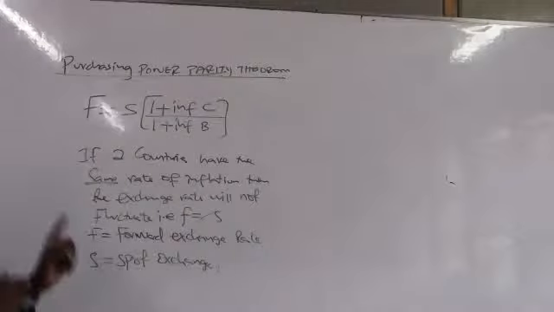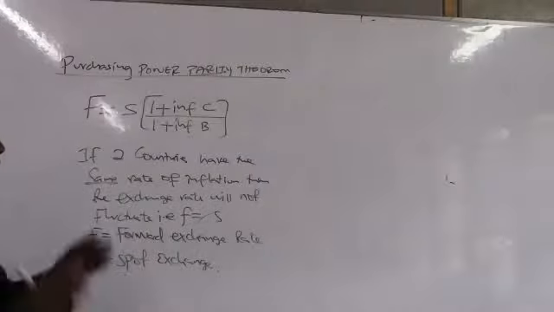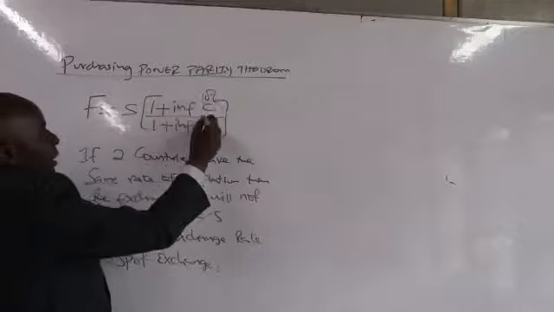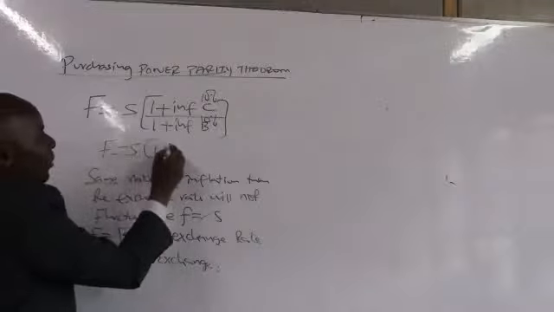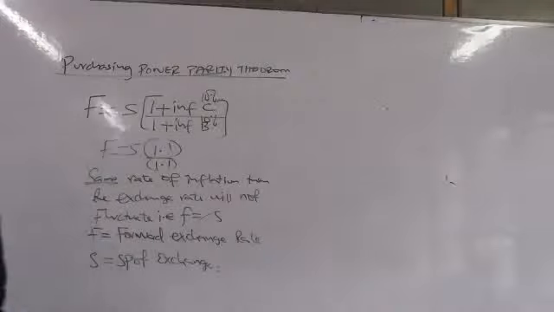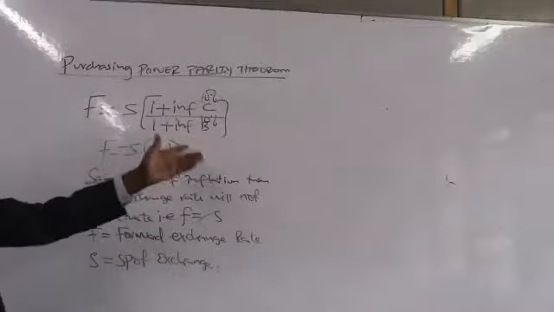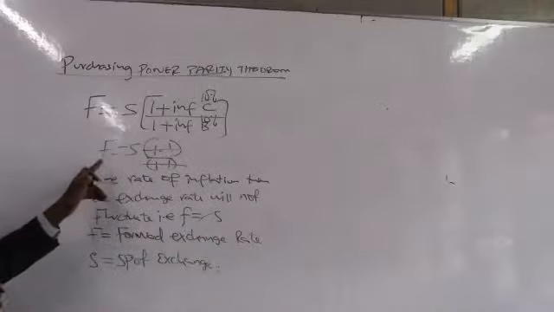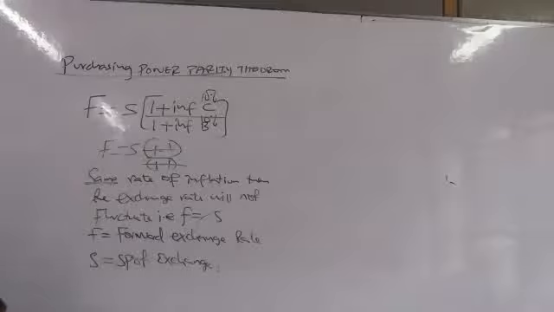If it is Kenya 10% and Uganda 10%, then my F will be equal to S into 1.1 all over 1.1. I know my online students have not seen where 1.1 came from: 10% is the same as 0.1, so it will be 1.1. So if these two are the same, they cancel out, leaving us with F being equal to S.